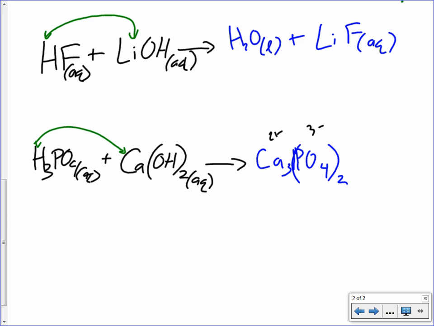That's calcium phosphate. So that's our salt. We got water. Water's a liquid. Oh, sorry, I forgot the aqueous here. So, there's our water and salt. Calcium phosphate and water.